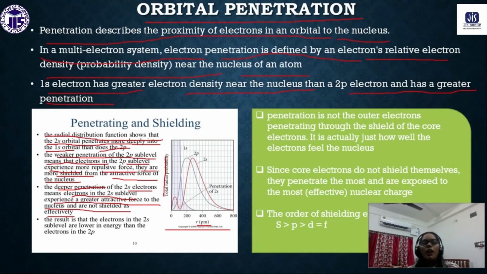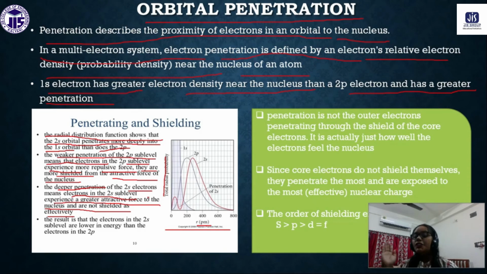Now for the deeper penetration of the 2s orbital, what does it mean? That means the 2s electrons are interacting with the nucleus more. That means the attraction force for these orbital electrons is more.